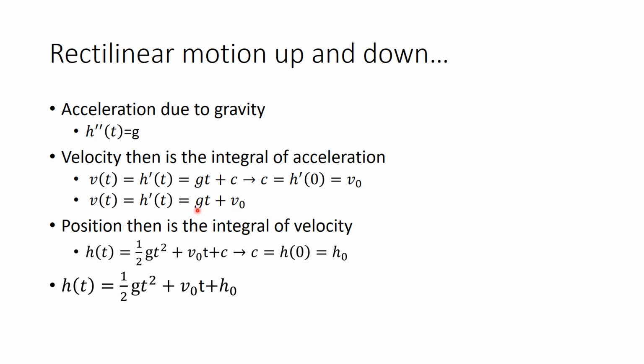So I integrate again. v0 is a constant and g is a constant. So I get 1/2 g t squared plus v0t plus c. But c has to be the height when time is 0, so that's my initial height. So this is the formula that you learned in high school: h of t is equal to 1/2 gt squared plus v0t plus h0. That might have been the coolest thing we've done so far in this course.